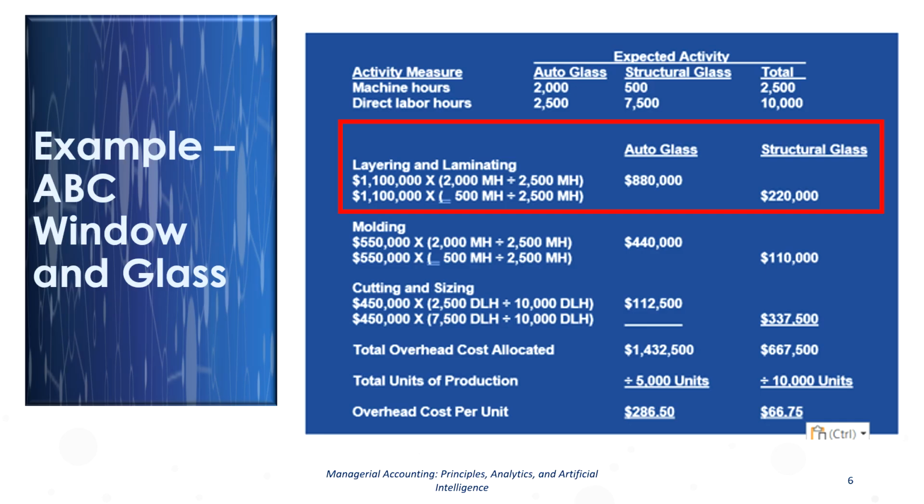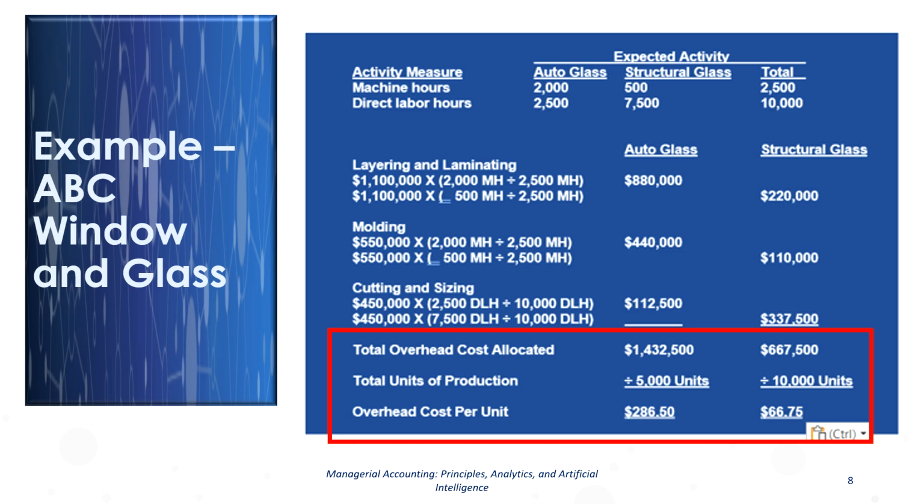So you can see that auto glass is getting applied $880,000 worth of layering and laminating because it consumes a lot of machine hours, whereas structural glass is getting much less. Let's follow that same exercise when allocating the molding and cutting and sizing costs to auto glass and structural glass. Again, molding is driven by machine hours, so auto glass is getting much more of the molding cost, whereas cutting and sizing is driven by direct labor hours. And in that case, structural glass is getting much more of the overhead allocation.